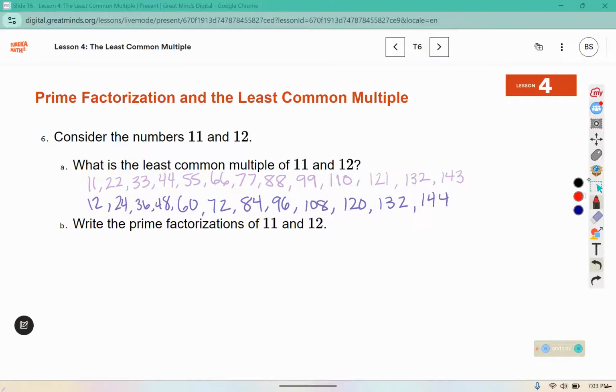So these have a least common multiple of 132.